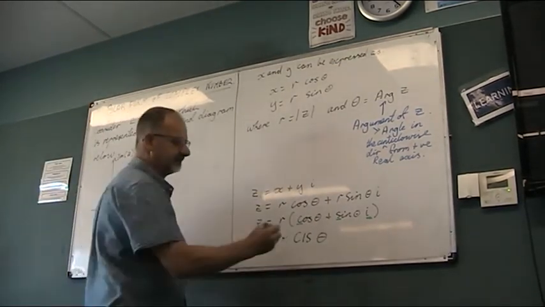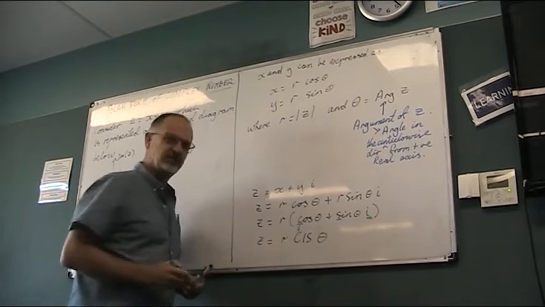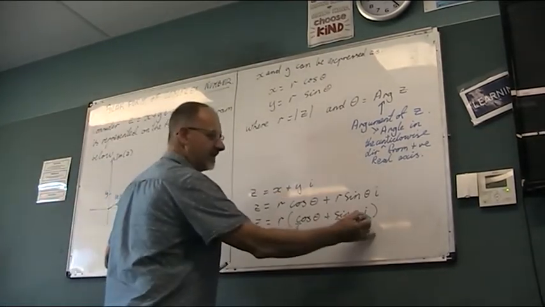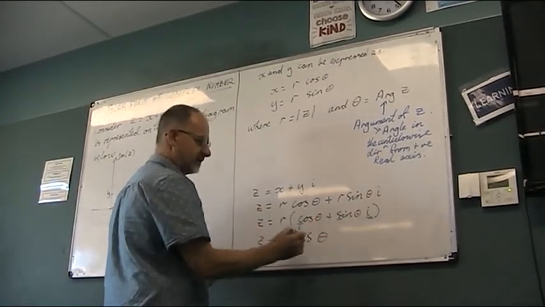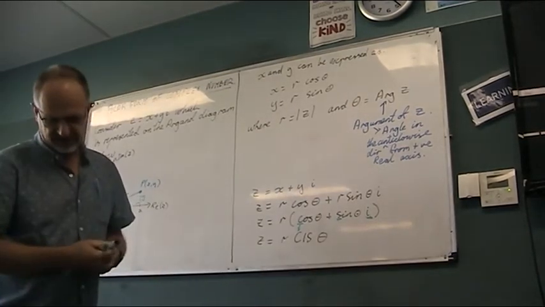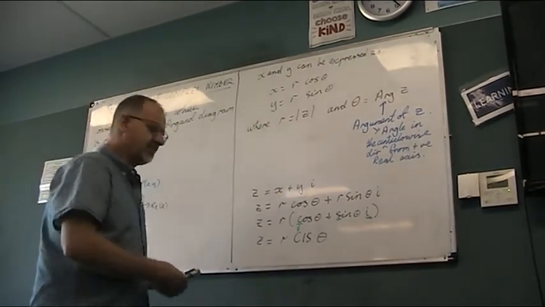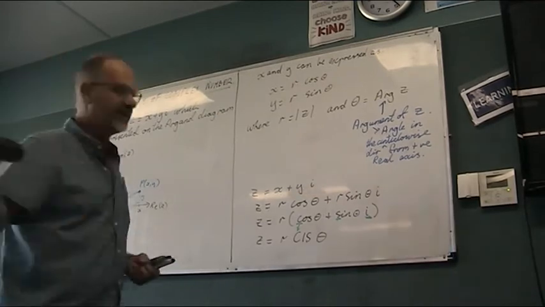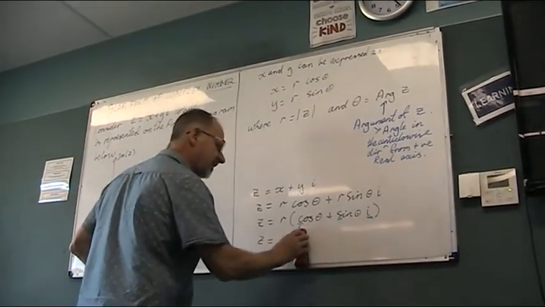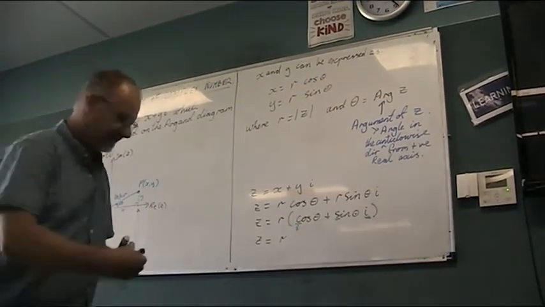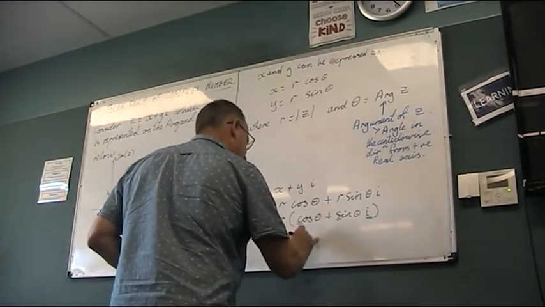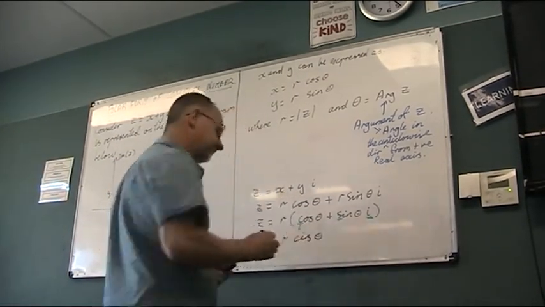the c comes from the cos, the i from the i here, and the s from the sine. So cis, and I've written it all in capitals, which is not usually how it's written, more likely as cis theta.